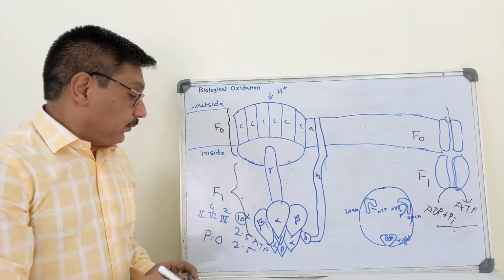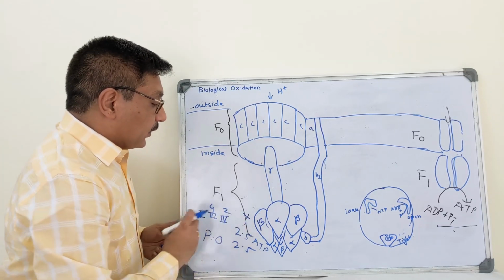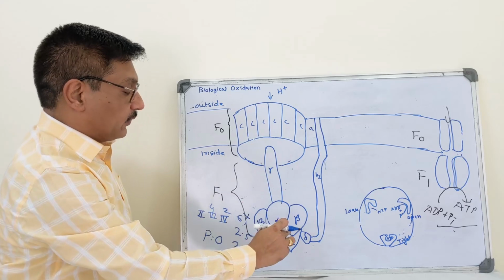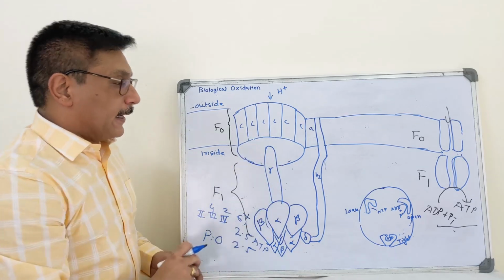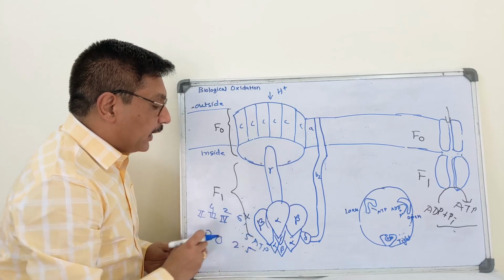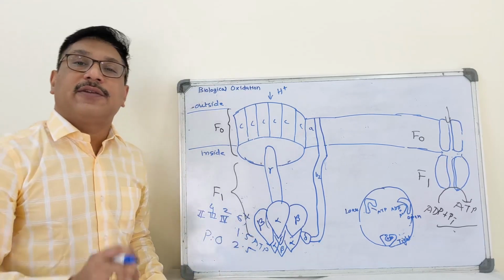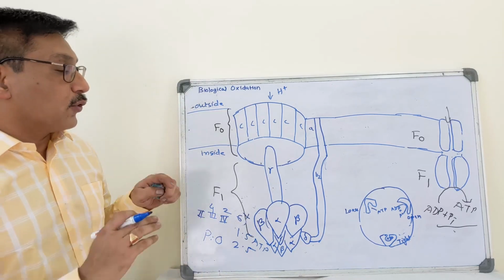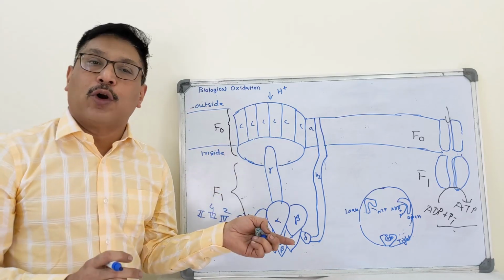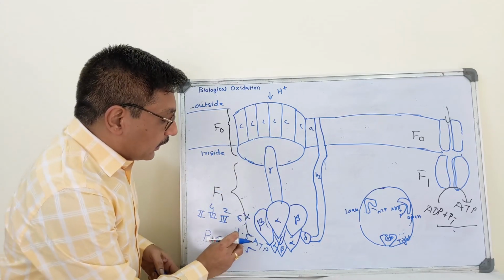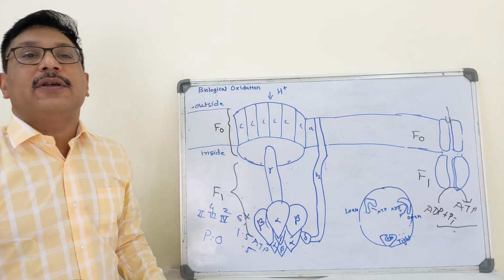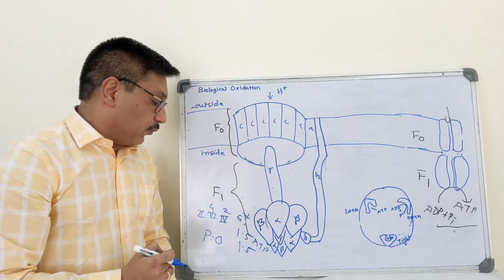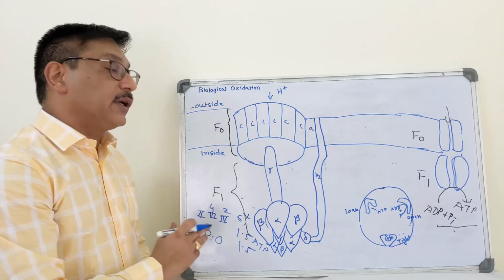So an estimated total of 6 protons are pumped, and when 6 protons pass through this ATP synthase, or complex 5, only 1.5 ATP are synthesized. So when half a mole of oxygen is converted to water, 1.5 moles of ATP are synthesized. So the P/O ratio is 1.5 when electrons are accepted from substrates like succinate, etc.